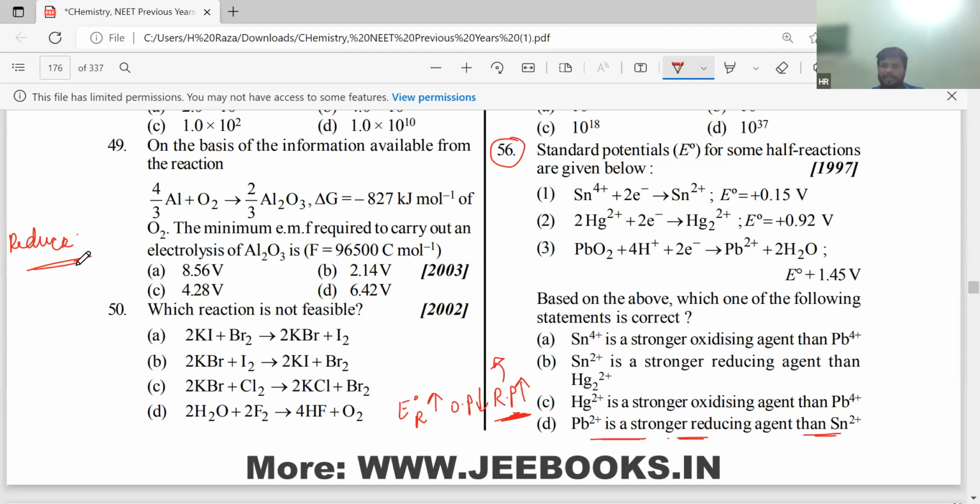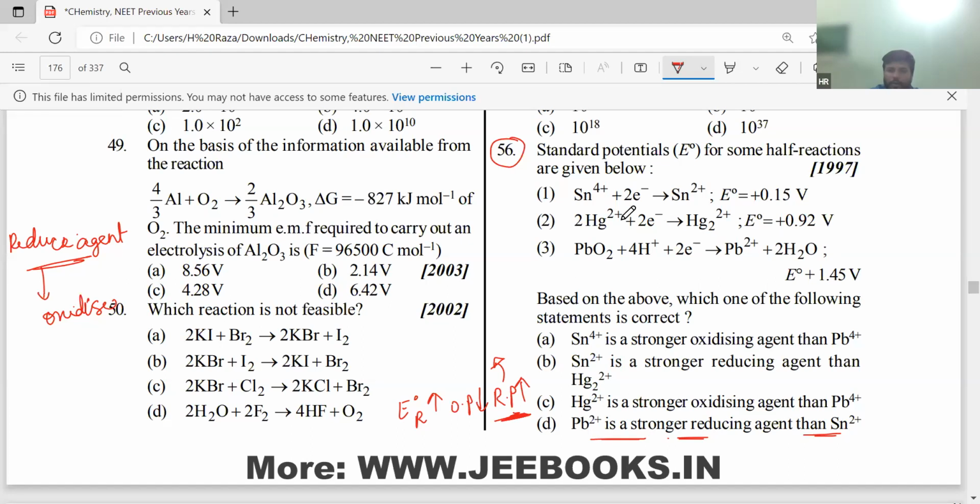Like if there is a redox reaction and a species is a reducing agent, that means it will easily reduce the other. The one which is getting oxidized is called the reducing agent. Yes or no? This is the main term.